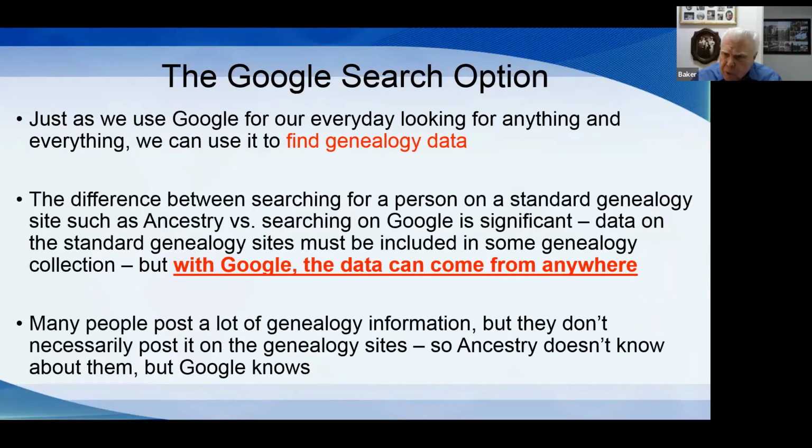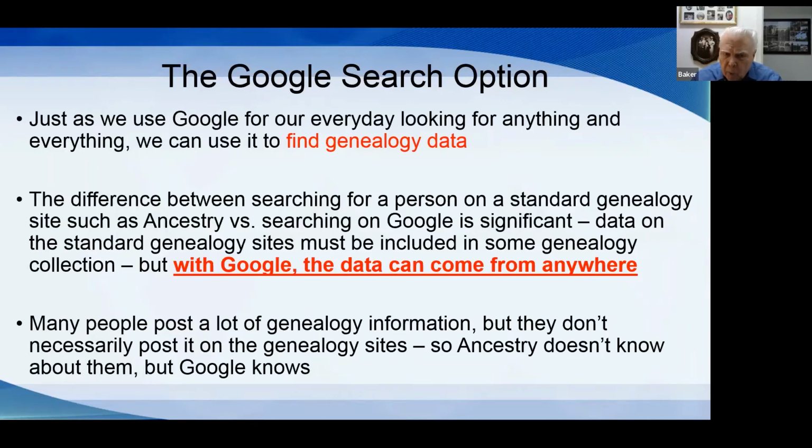The difference is significant because the data on those genealogy sites has got to be included in some genealogy collection. Somebody had to put it on Ancestry or FamilySearch. With Google, here's the thing, that data can come from anywhere.